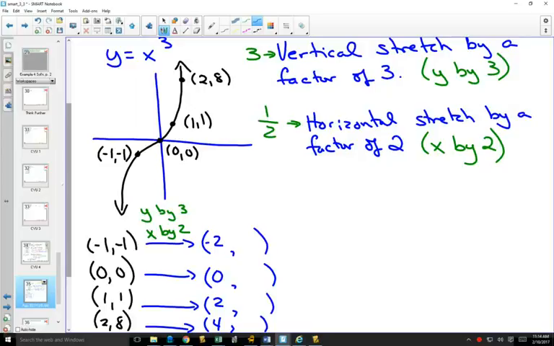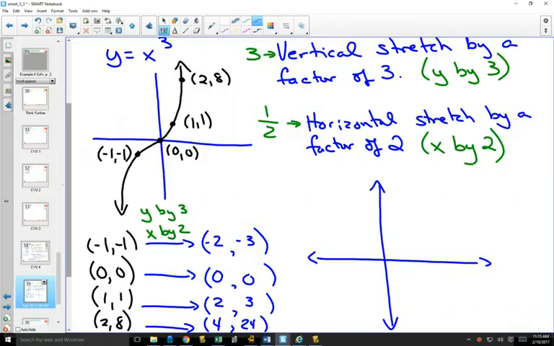All my y coordinates get multiplied by 3. So now I'm going to get -3, 0, 3, and 24. It might be that one of these points we won't even graph just because it's way off of the charts already. But we can set up a new grid for our graph.